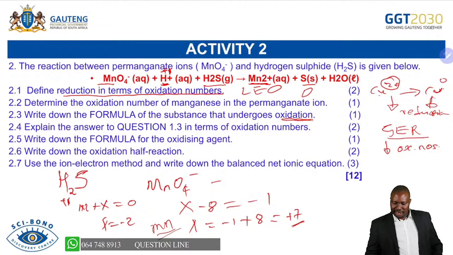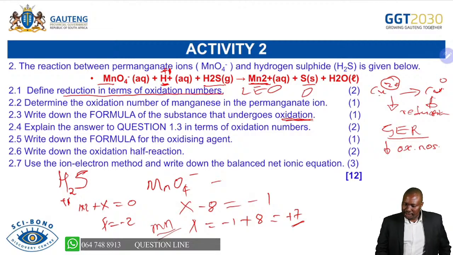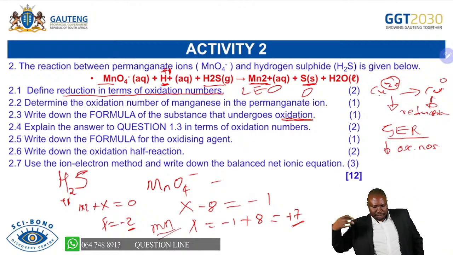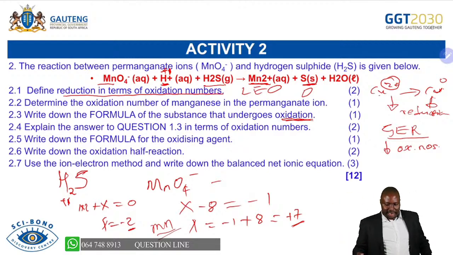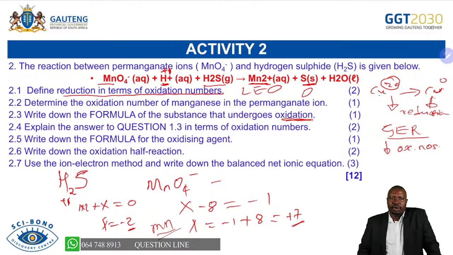So you can see that it is the sulfur in H2S that is undergoing oxidation, or that is increasing in oxidation number. Why? Because in H2S, sulfur is -2, but on this side, sulfur is 0. So sulfur has increased in its oxidation number, which means sulfur is undergoing oxidation, meaning it is the one that is losing electrons, which now explains our question 2.4.